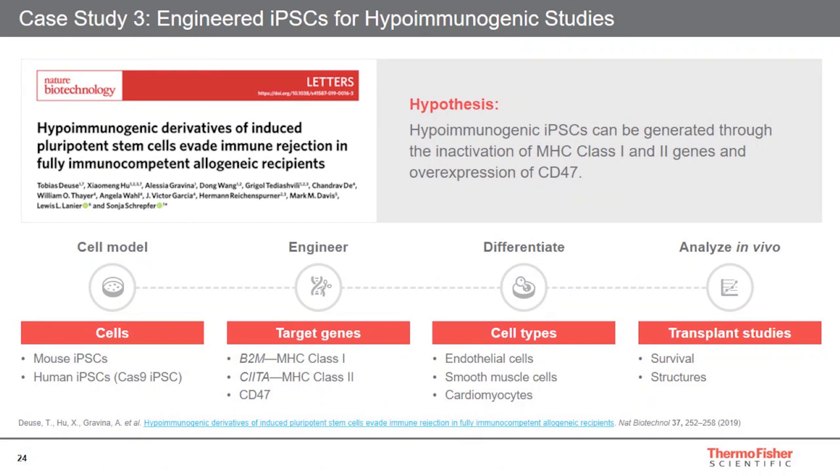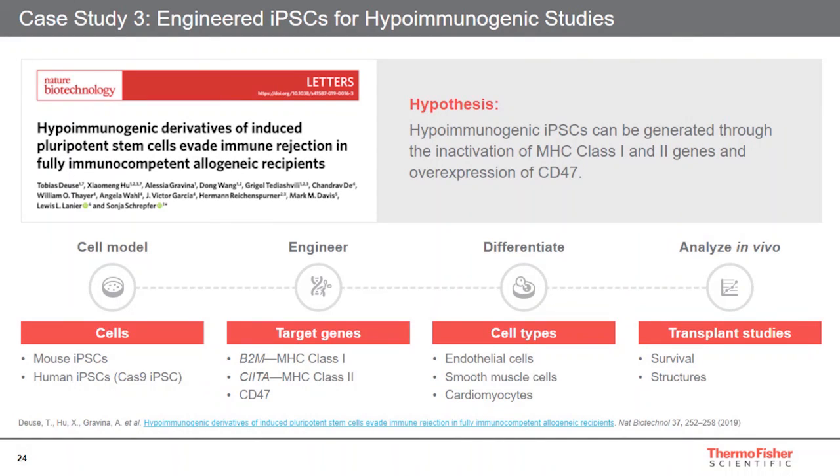So in order to test this hypothesis, MHC class 1 and 2 genes were targeted by knocking out beta-2 microglobulin and CIITA genes, followed by overexpression of CD47 in our Cas9 human iPSC line.